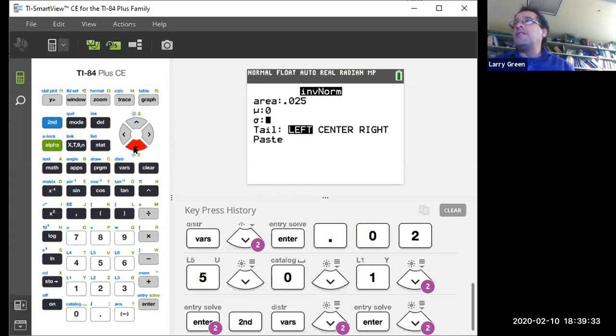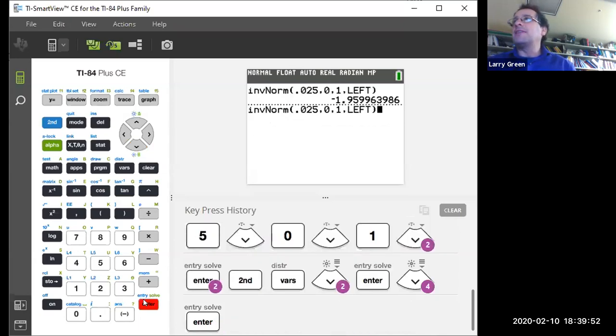Mu is always 0 and sigma is always 1 because we're finding Z, not X. And then I hit paste. If you had the older style of calculator, it's just going to say inv norm with a paren, and then you type in 0.025, comma 0, comma 1, and the paren. It'll look just like this, except without the word left, because most calculators don't have that. And then I hit enter, and there it is. Jeremy, does that make sense?